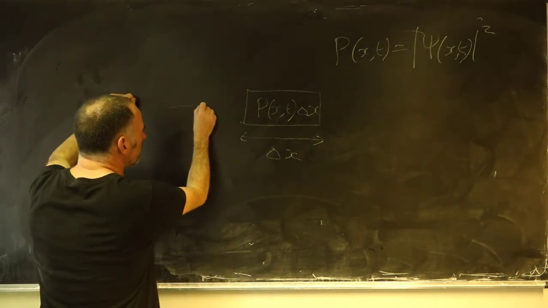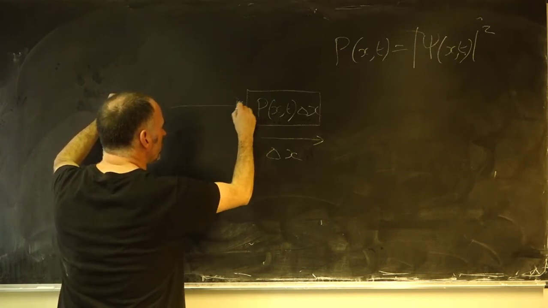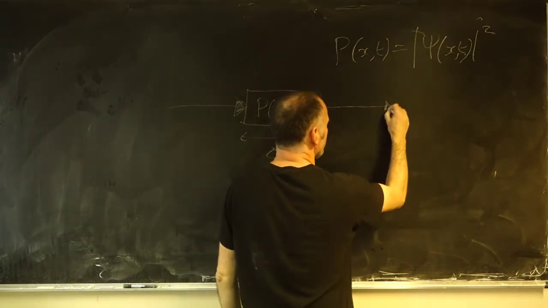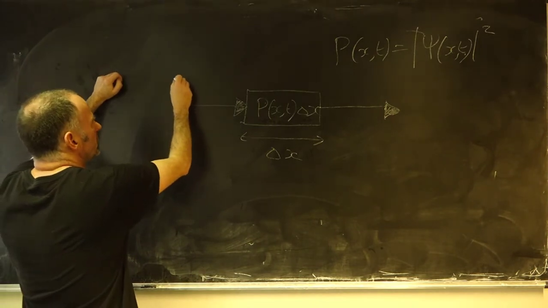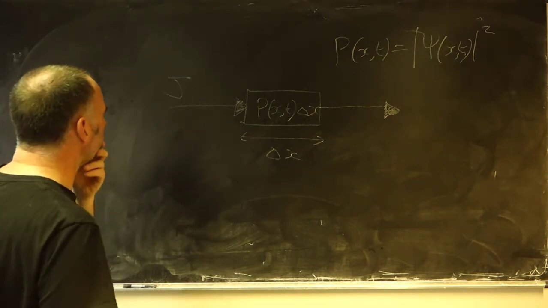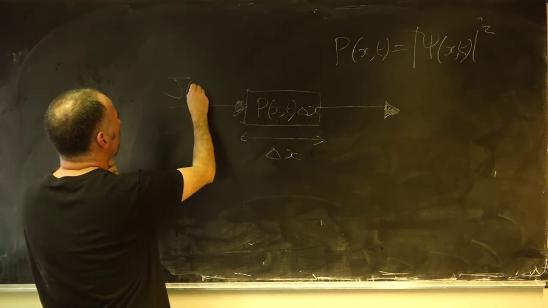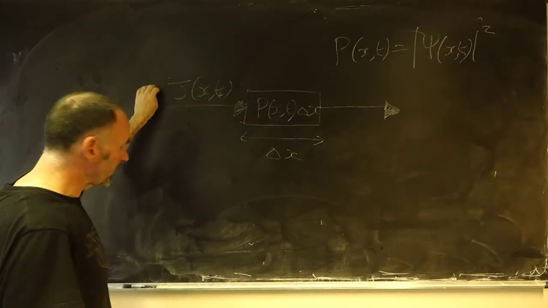Now what we have is a current, a probability current in here. So let's say we have a flow of particles in, flow of particles out. And to use the same variable, we've got j, and we have j(x,t). So what exactly is this? This is a probability current.